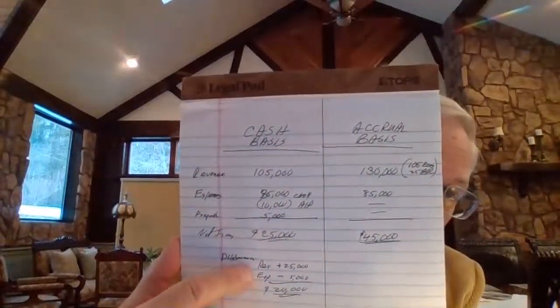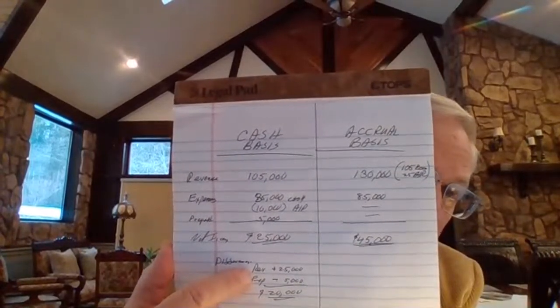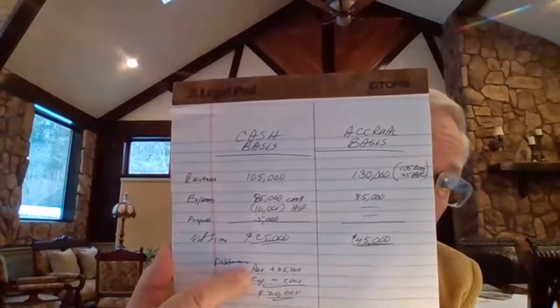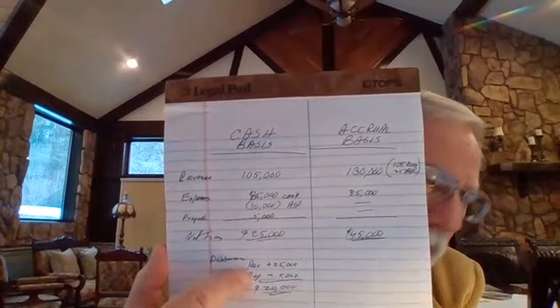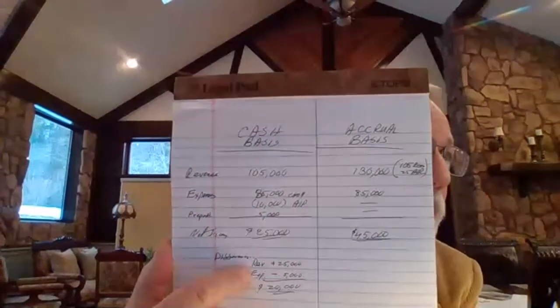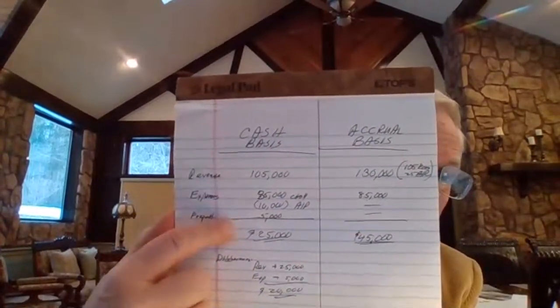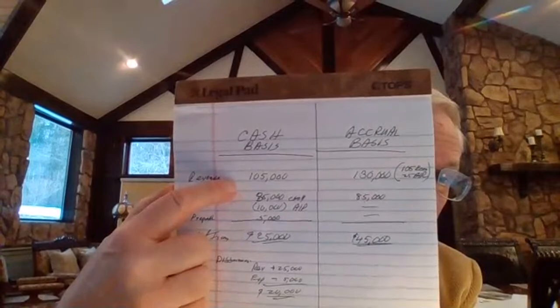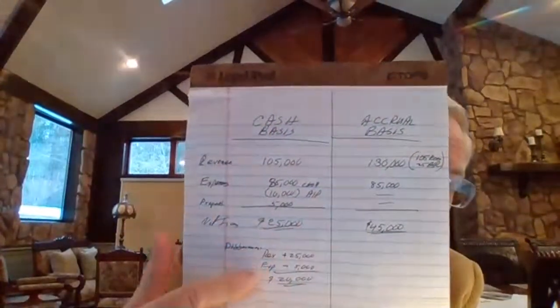There's the reconciliation. Revenues are more under the accrual basis for the ones that haven't been collected yet, $25,000. Or the other way to say it, cash collected on the revenues earned is only $105,000, or $25,000 less than it would be recorded under the accrual system.